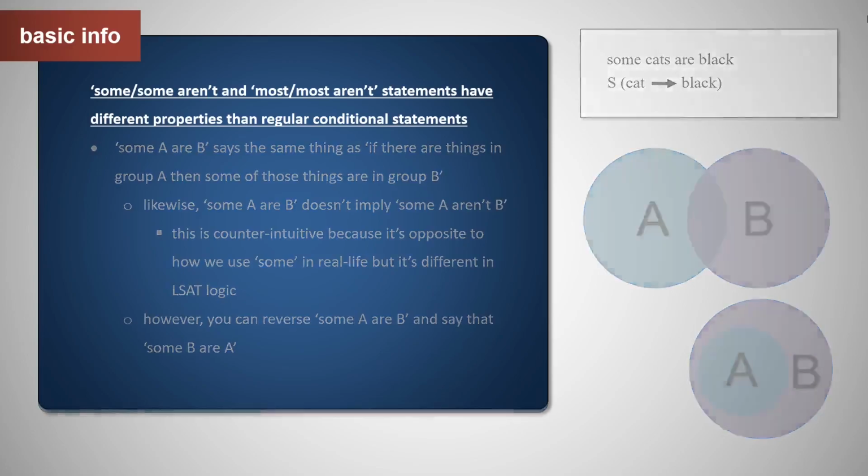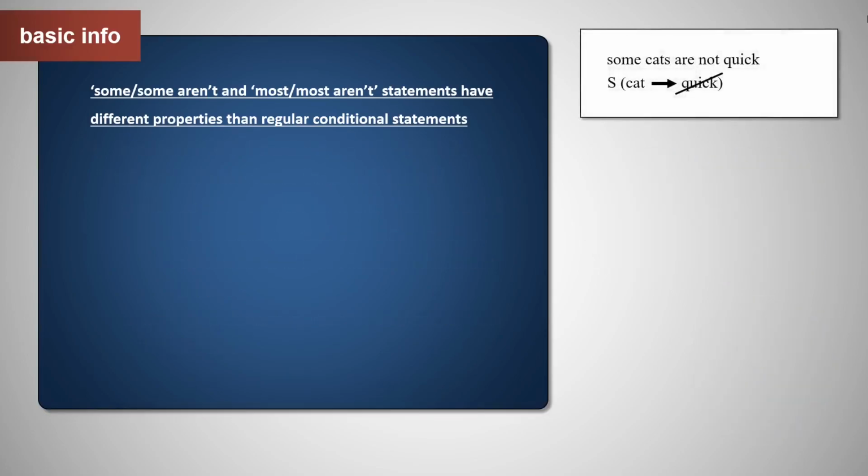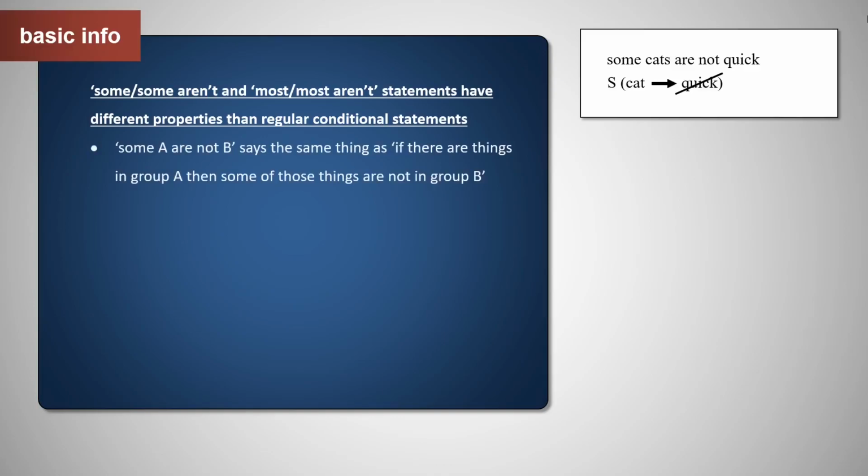Okay. Now, let's take a look at this statement. So some cats are not quick. So that is symbolized the same way. We've got the S outside, we've got cat, and then arrow not quick. So some A are not B says the same thing as if there are things in group A, then some of those things are not in group B. So in this case, some are not means at least one isn't, potentially none.